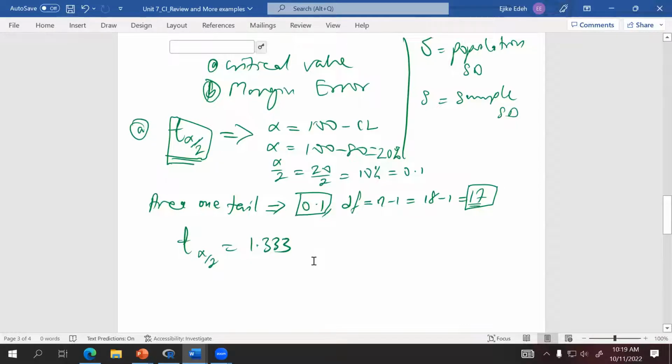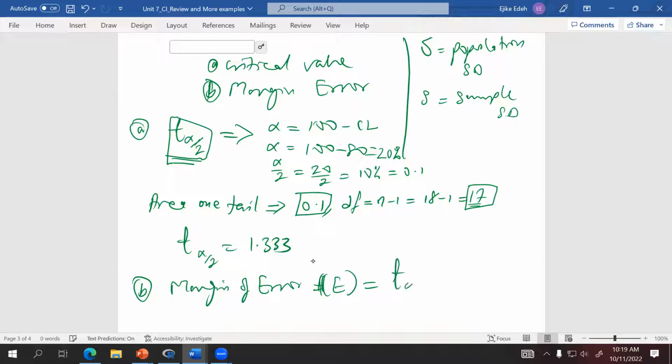So once you get your critical value, now you can solve your margin of error, right? Some use ME, some use E, it's not a standard deviation. It's given as the critical value times the sample standard deviation divided by the square root of n.